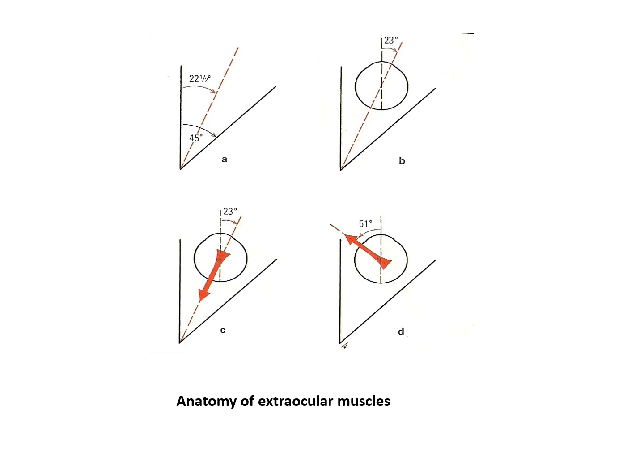So they form roughly an angle of 23 degrees with the anterior posterior axis, superior rectus and inferior rectus. But the superior oblique and the inferior oblique form an angle of 51 degrees with the anterior posterior axis.